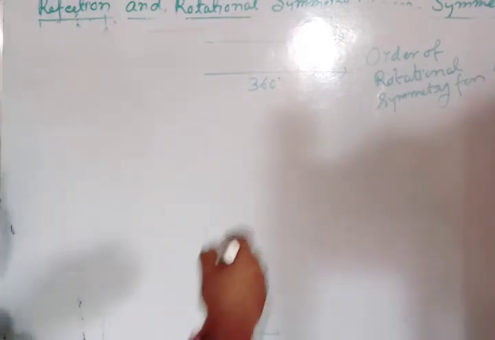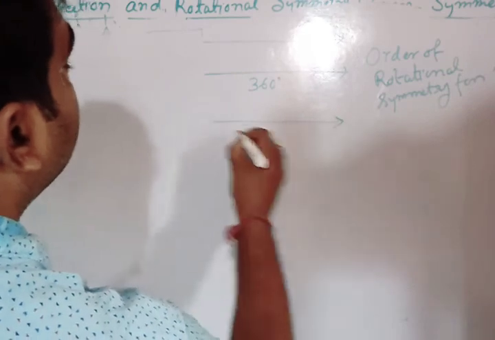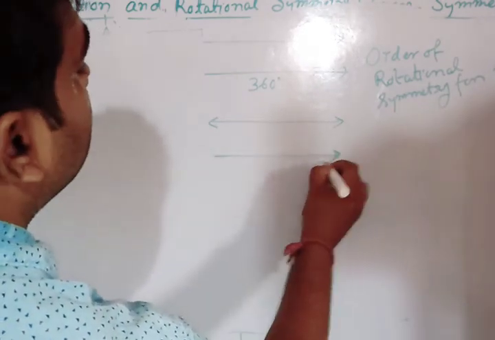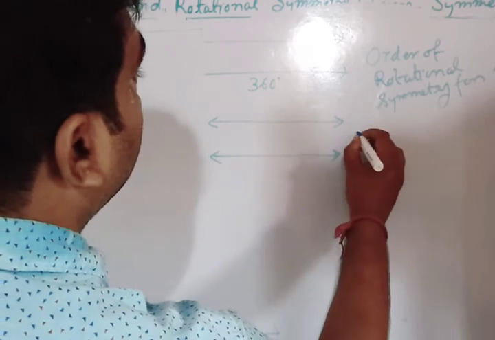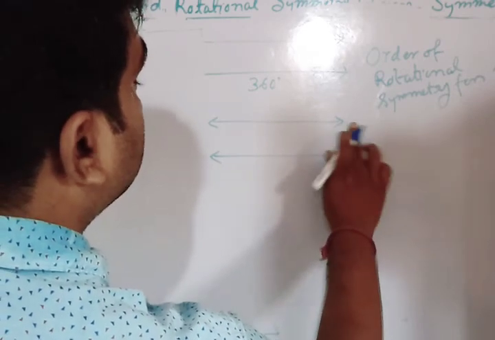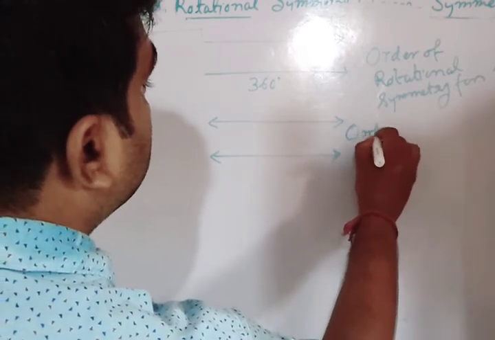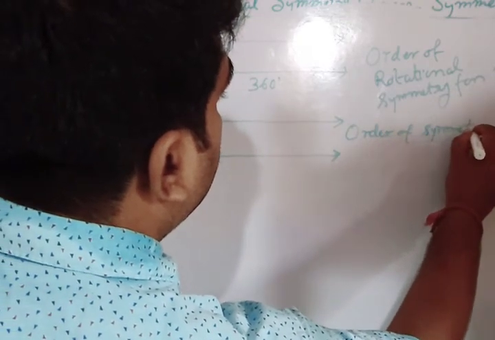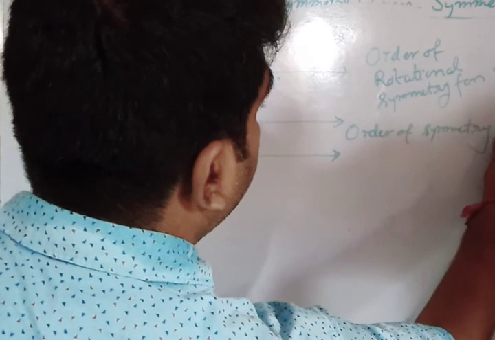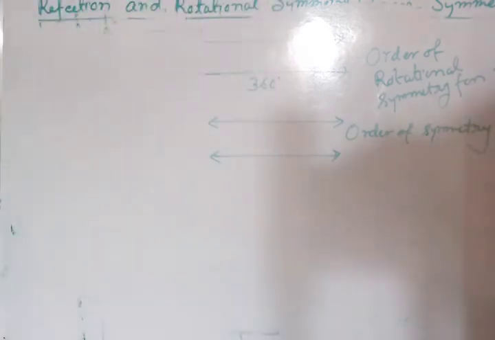Now similarly for this line, the order of symmetry is 2, obviously rotational symmetry.